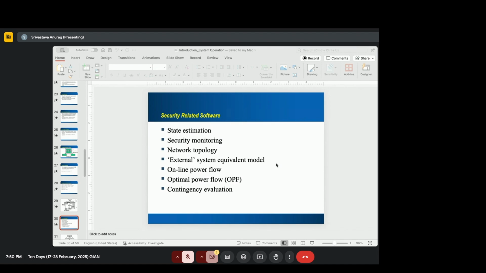Not so much for voltage stability analysis, but more useful for transient and dynamic stability analysis. Right now, because PMUs were not put at each substation with full observability, we cannot do the same thing that we do with this kind of measurement.